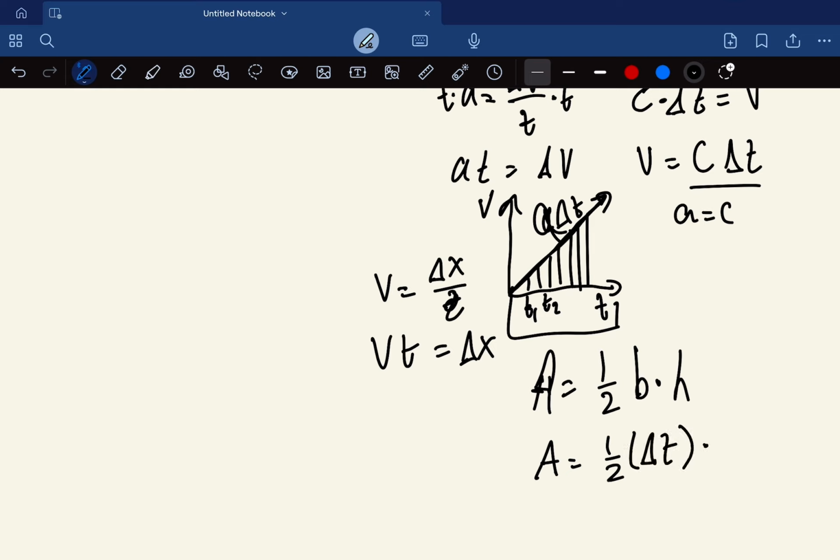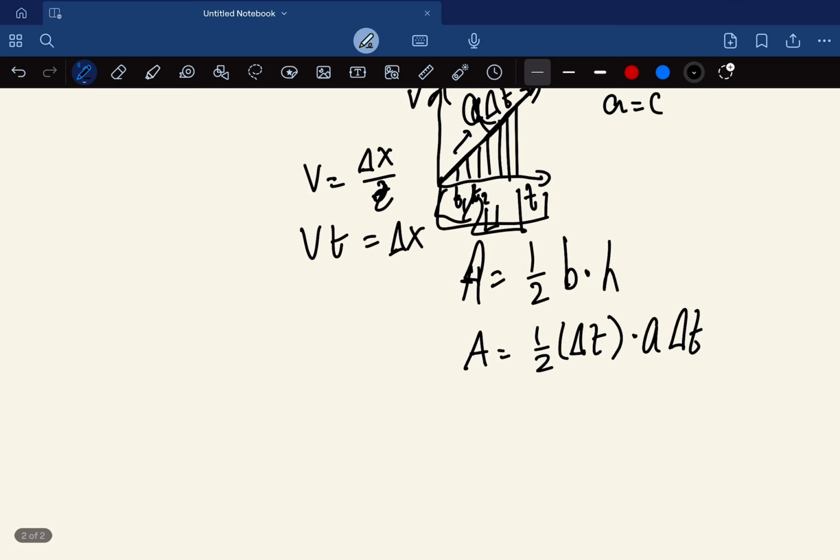And then the height of our triangle is just equal to this factor, a times delta t, where delta t is once again measured in these little differences in t. So a times delta t.